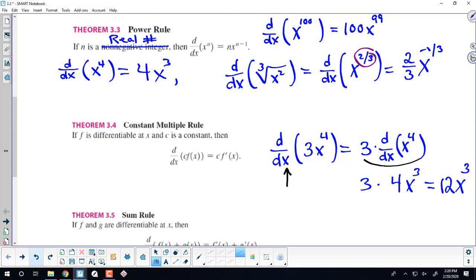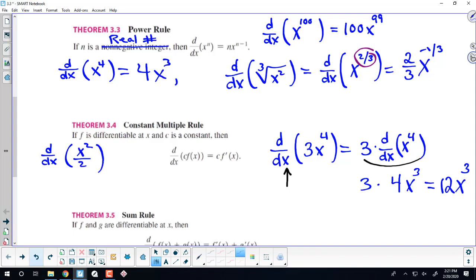Don't get this mixed up with the first property that said the derivative of a constant is 0. That's just when the constant's alone. If the constant's attached to x with multiplication or division, then it just comes out of the derivative to multiply or divide after. So this works with things like if we had to find the derivative of, let's say, x squared over 2.